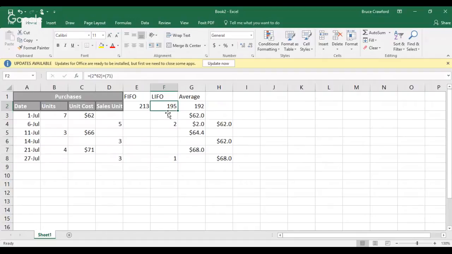LIFO says that you use the last in first out, so you're left in your calculations with some of the older products, which means you're taking into account that some of these products were cheaper because you bought them cheaper at first when they were older.